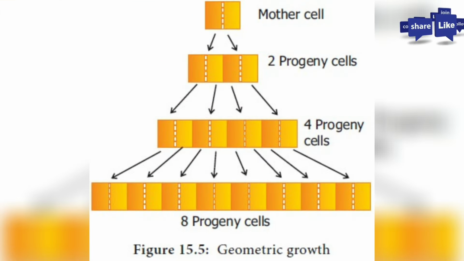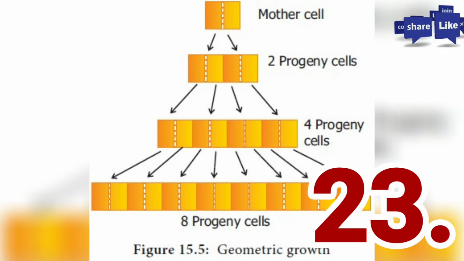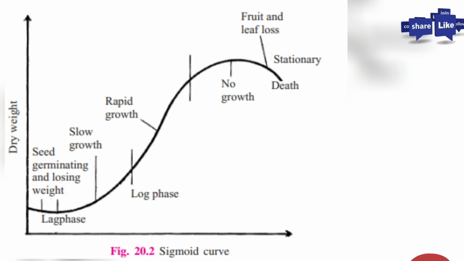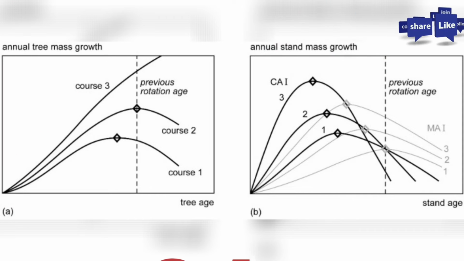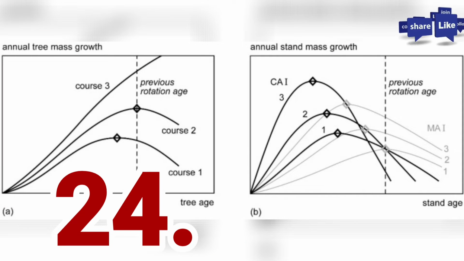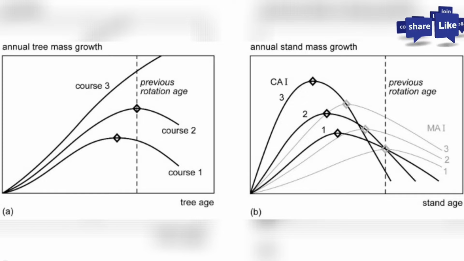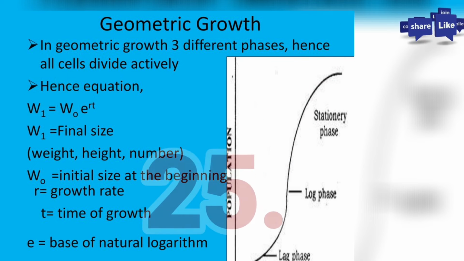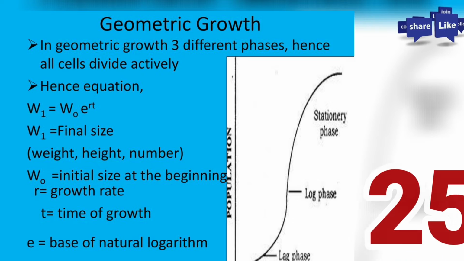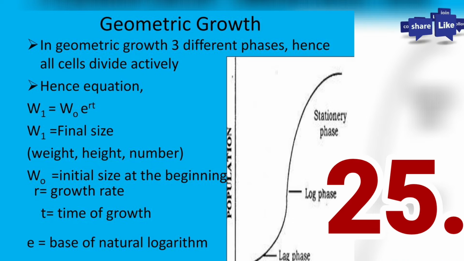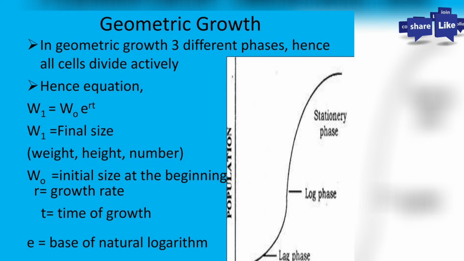In geometrical growth, both daughter cells continuously divide. It attains a sigmoid curve if space and food are limited. For example, trees with seasonal activities show a sigmoid curve. Exponential growth or log phase of the sigmoid curve can be expressed as W1 = W0 e^(rt).